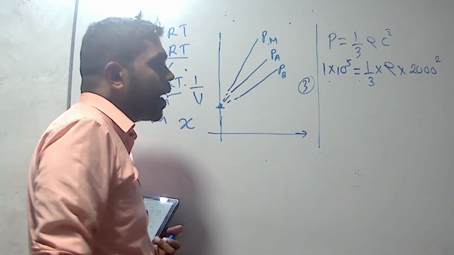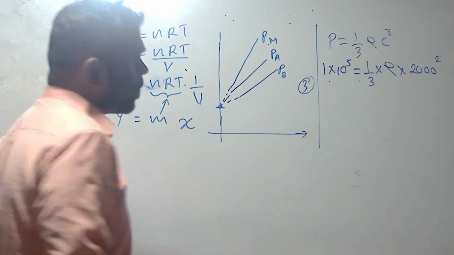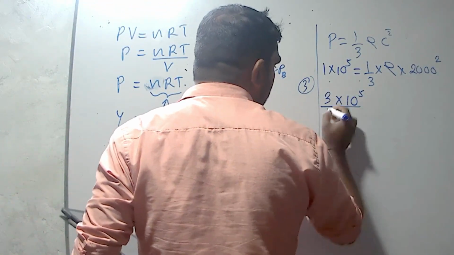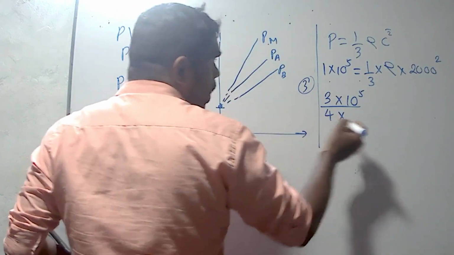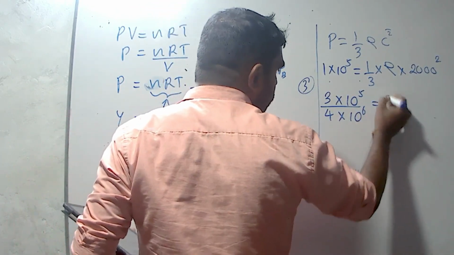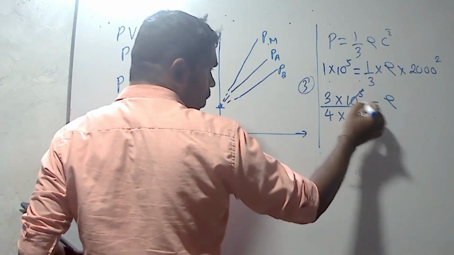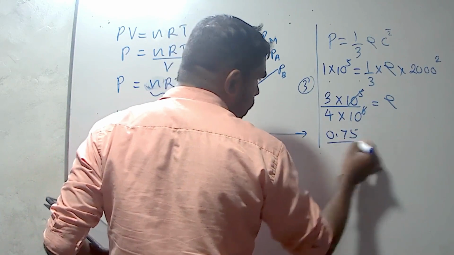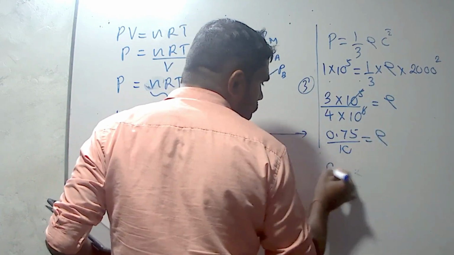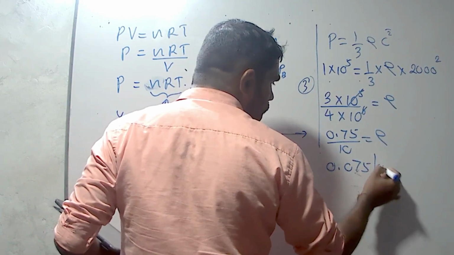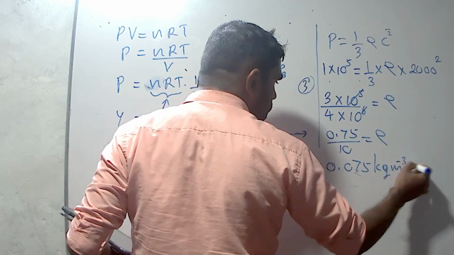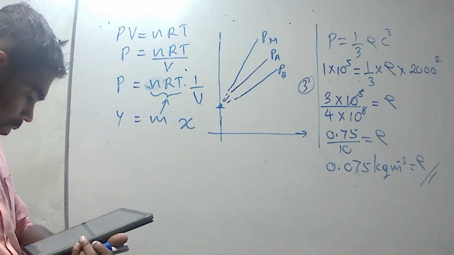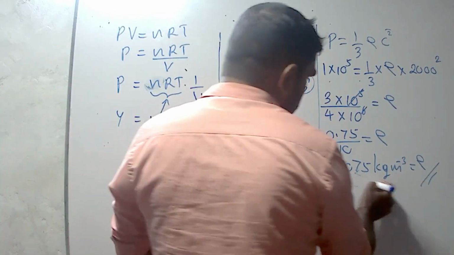Now we can simplify to find the value of rho. 3 into 10 to the power 5 divided by 2 squared, 4 into 10 to the power 6. 3 divided by 4 is 0.75, divided by 10, 0.075 kilograms per cubic meter. Then we can get the second one as the correct answer.